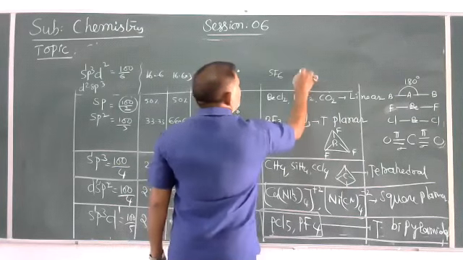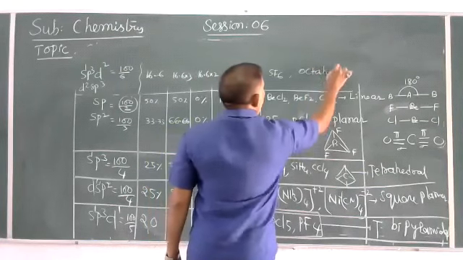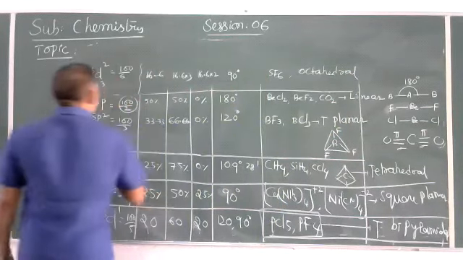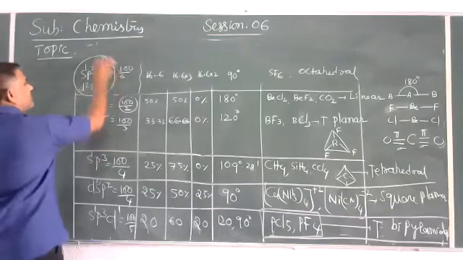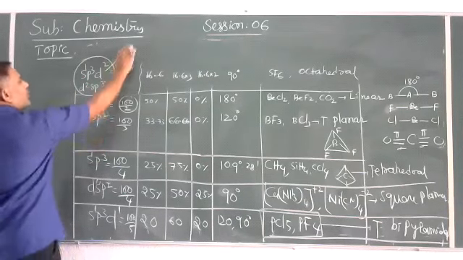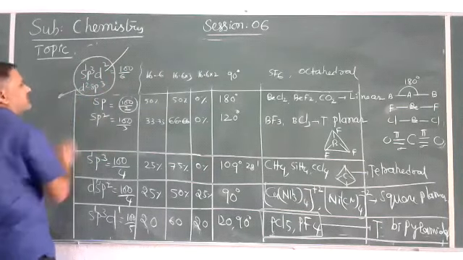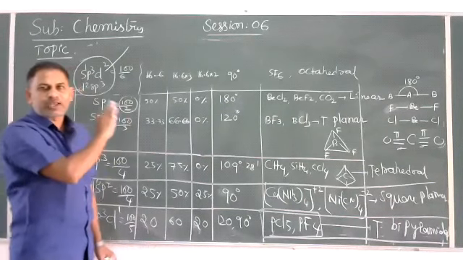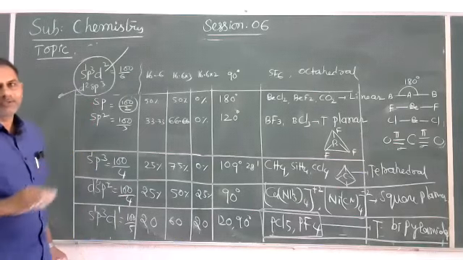The geometry is octahedral. In coordination compounds in second year we'll cover outer and inner complexes, low spin and high spin complexes, and explain the geometry of complex compounds.